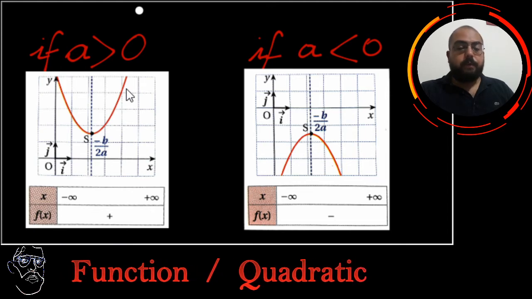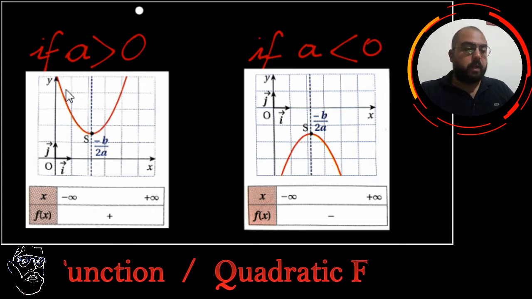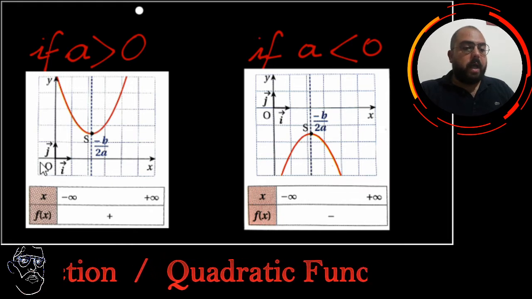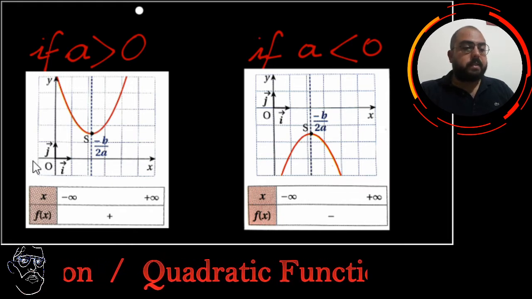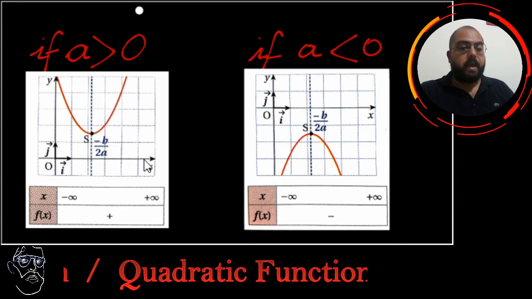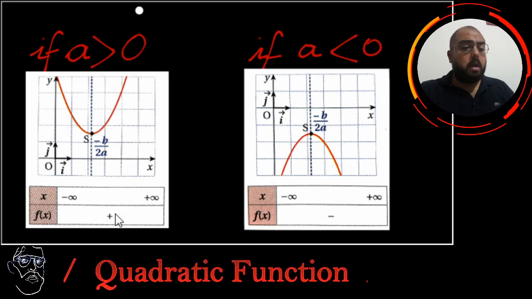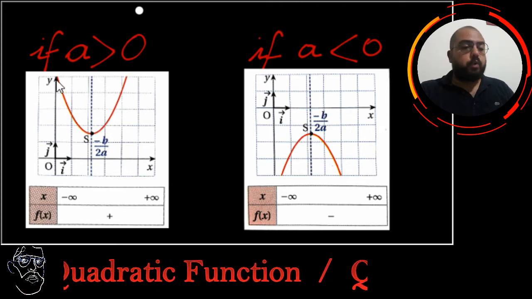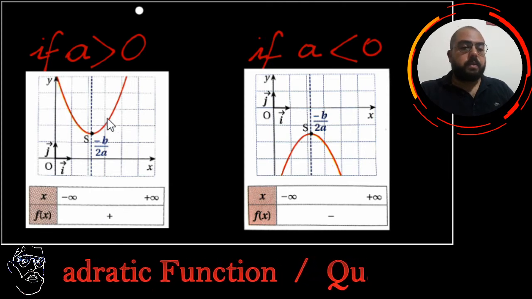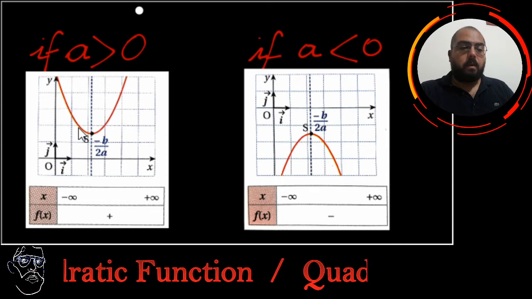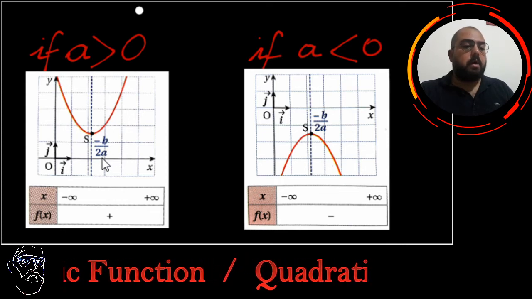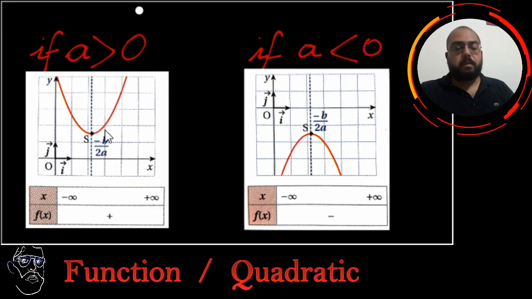This curve, which is represented in red, is above the axis of abscissa, above x prime x. Why? Because the function is positive, so it will be strictly positive. For any value of x, this curve will remain above x prime x.